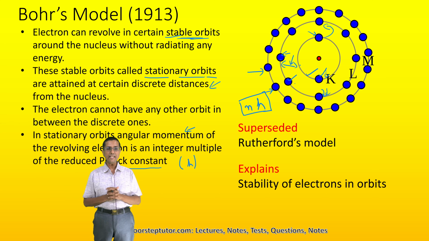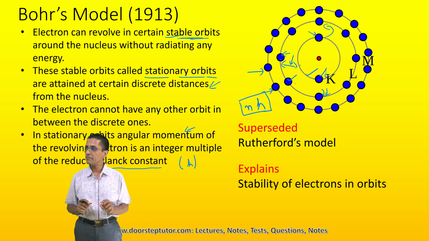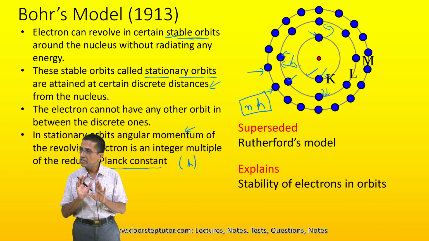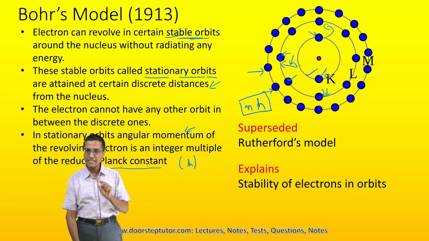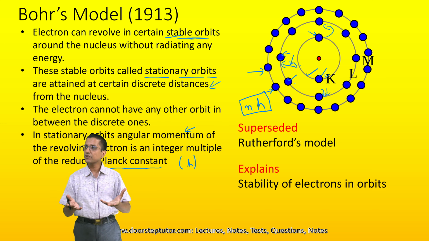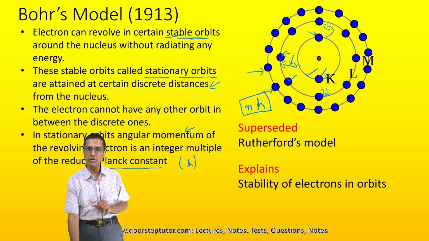See, the thing is that in these stable orbits, the energy is not released. The energy is fixed. And in this stable orbit, the energy is not released. If I excite the electron, okay, so this is the stable configuration of this particular atom.